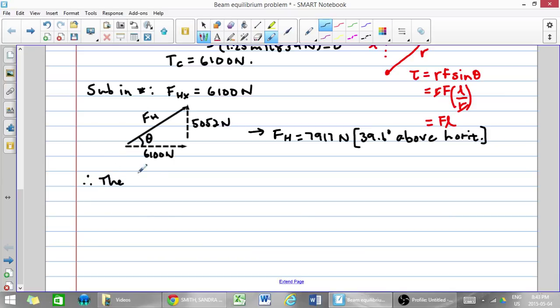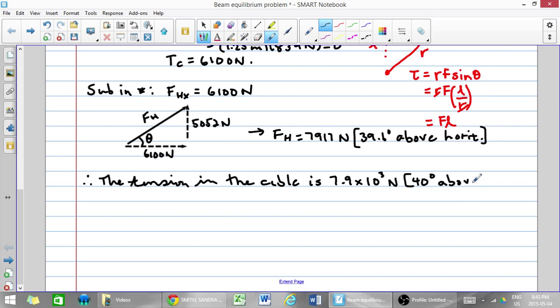Therefore, the force in the hinge is 7.9 times 10 to the 3 newtons, 40 degrees above horizontal.